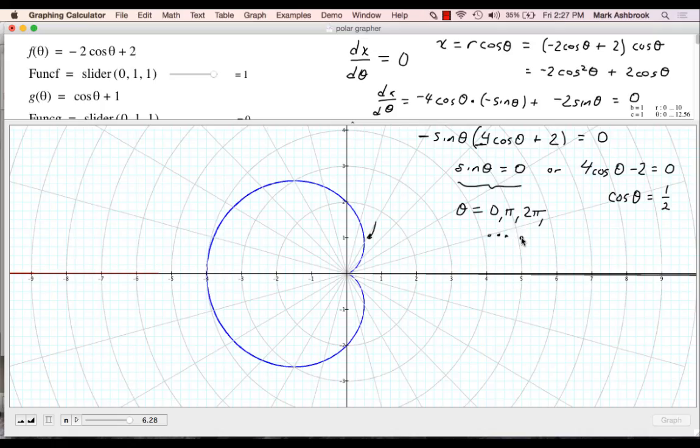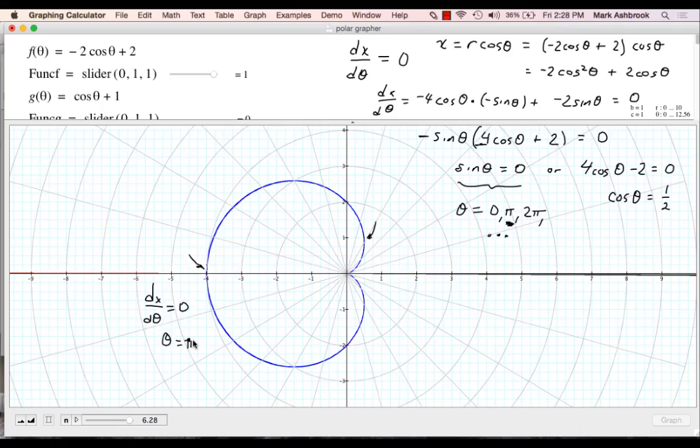What angle applies to our situation? Yeah, look at what's happening at pi. You see pi? Pi has a dx d theta of 0. Vertical tangent, right? Vertical tangent is dx d theta equals 0. So that's at theta equals pi.